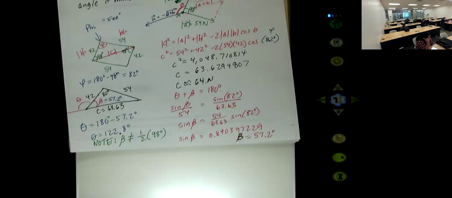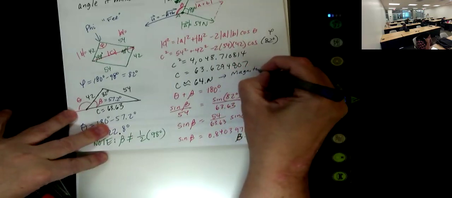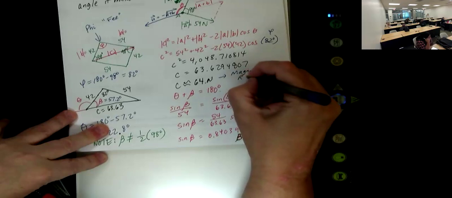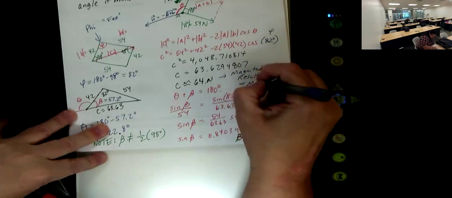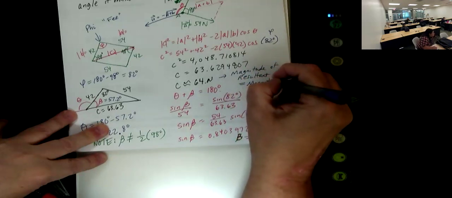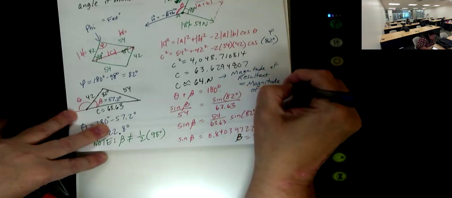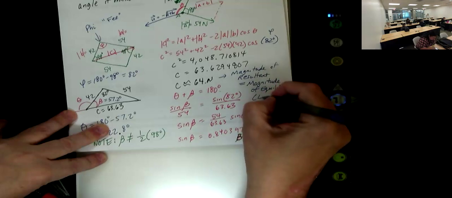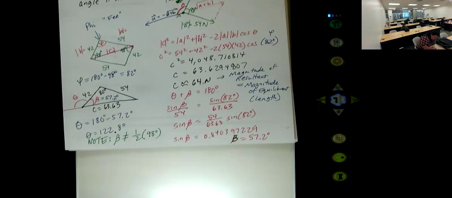So I did do C, but the magnitude of the equilibrium, this is the magnitude of the resultant, equals the magnitude of the equilibrium, because it's a length, and lengths are positive. Just because we say it's the negative vector, the negative is more on the angles rather than on the length.